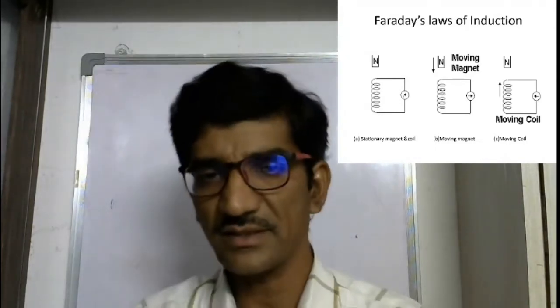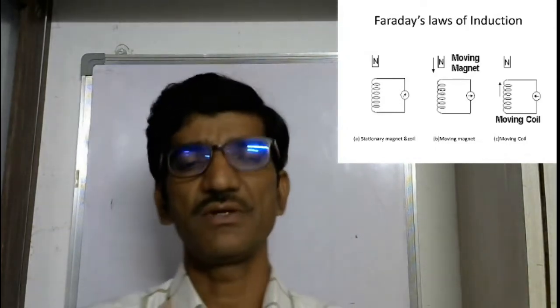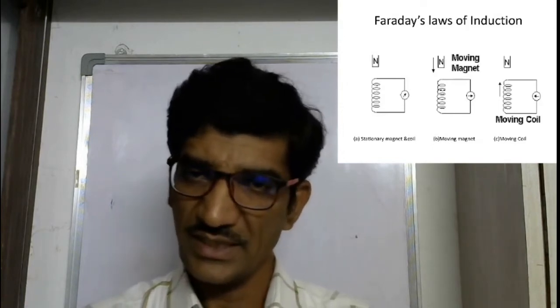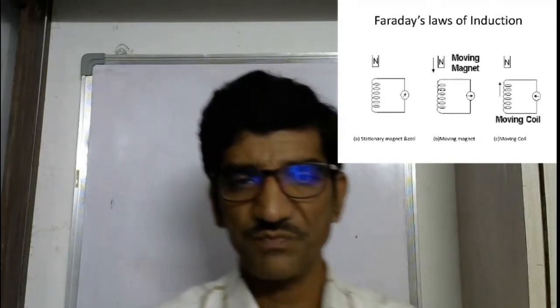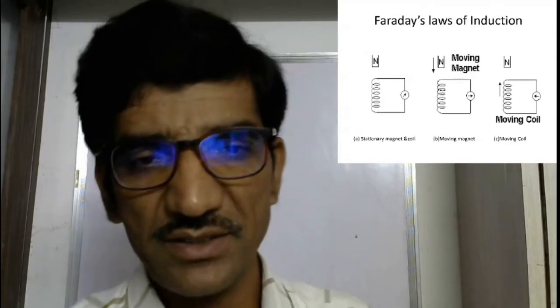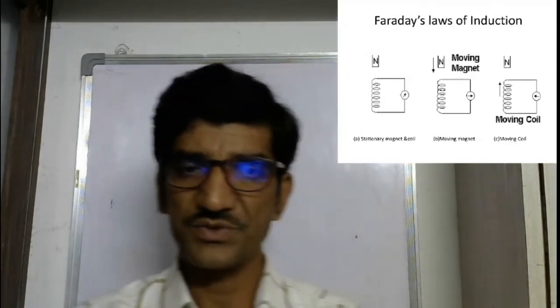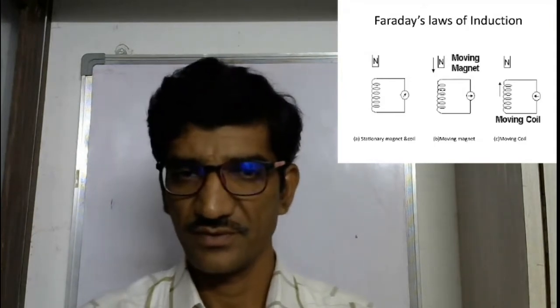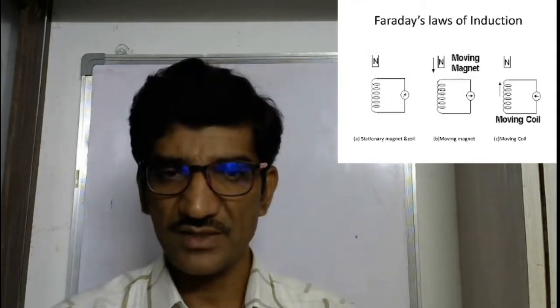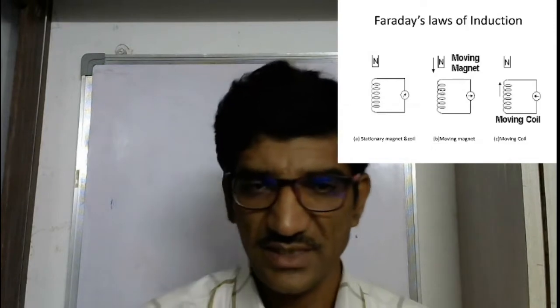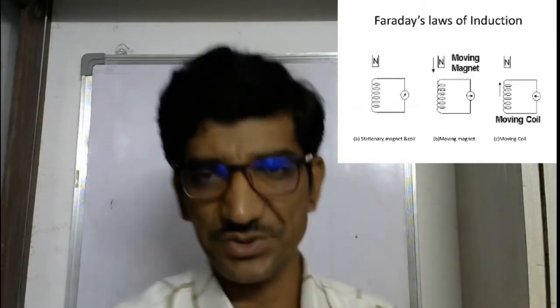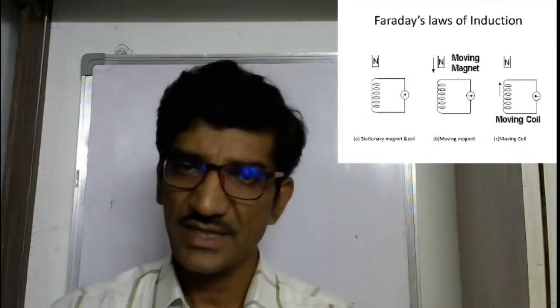So in the third case, case C, also you have a varying magnetic field. In this case also, your ammeter gives you a non-zero deflection. That means you have induced EMF, because in the latter two cases, a varying magnetic field is achieved.